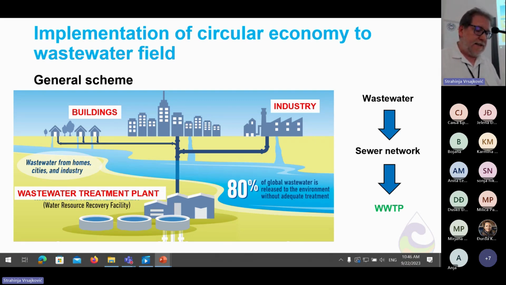As previously stated, the general scheme of circular economy implementation in the wastewater field occurs mainly at the wastewater treatment plant. Wastewater is collected from various sources, from domestic waste, from industrial effluent, and it goes through the wastewater treatment plant, which is no more a wastewater treatment plant, but more a water resource recovery facility.